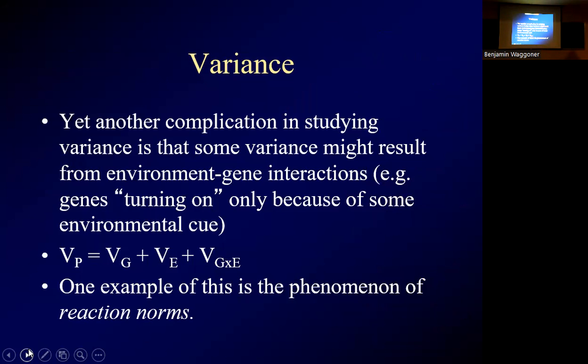There's another complication with studying variance, and we're going to look at this in lab starting next week. Some of the variance in our traits might result from variation resulting from environment-gene interactions. You can have genes that are turned on or turned off or modified by some environmental cue. A fun example of this is Siamese cats.